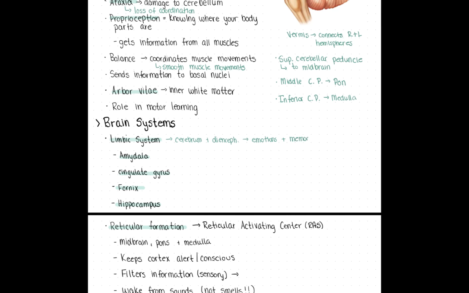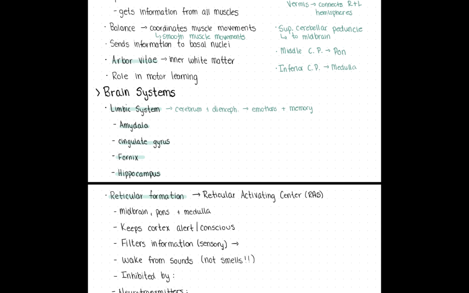Okay, so let's talk about some specific brain regions associated with the limbic system. The first one is the amygdala. The amygdala is part of that fight or flight fear response.